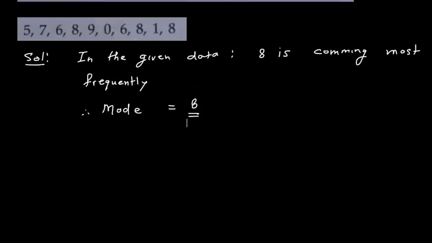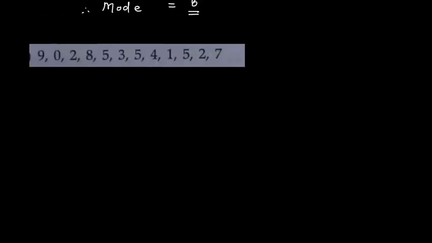Simple. Now let us take one more data. In this data, which number is coming the maximum number of times? You can see 9 is coming one time, 0 one time, 2 two times, 8 one time, 5 three times, 3 one time, and 4 one time.